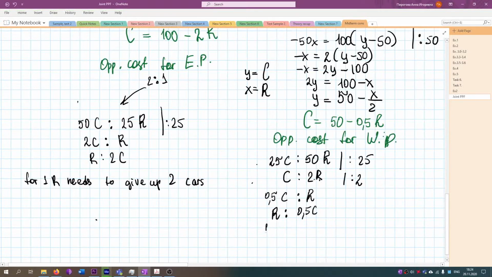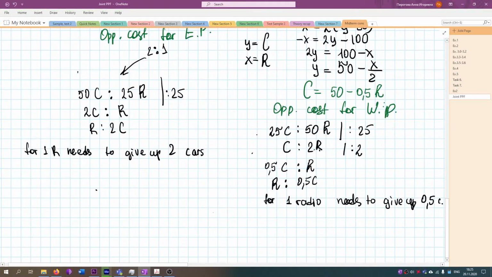And here Western production for 1 radio needs to give up only 0.5 cars. And this means that Western production should produce cars, because the opportunity cost for Western production for producing cars is less than the opportunity cost for Eastern production.